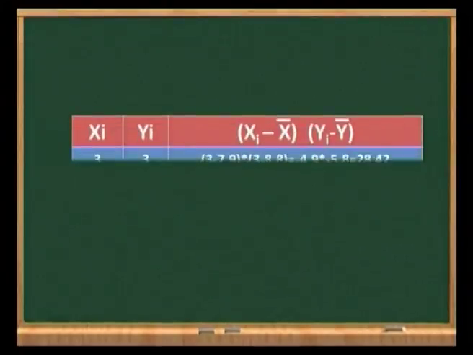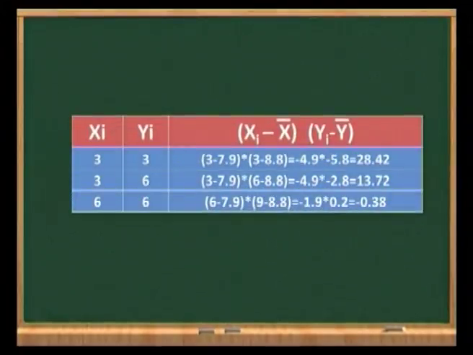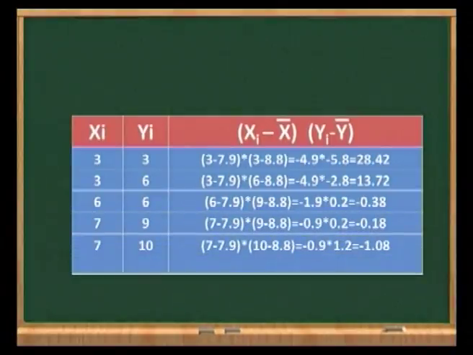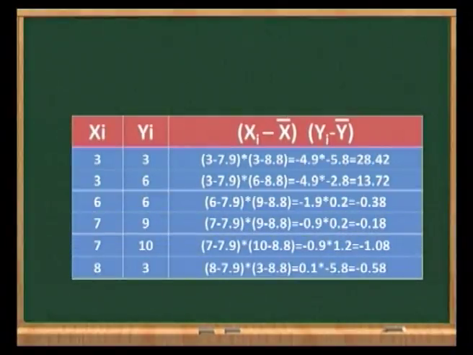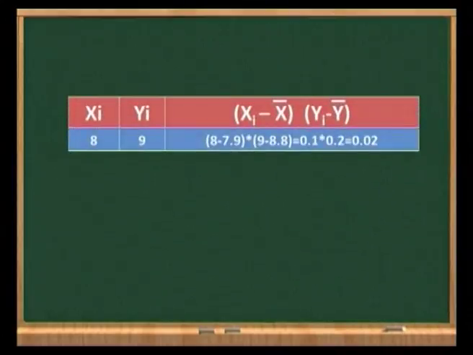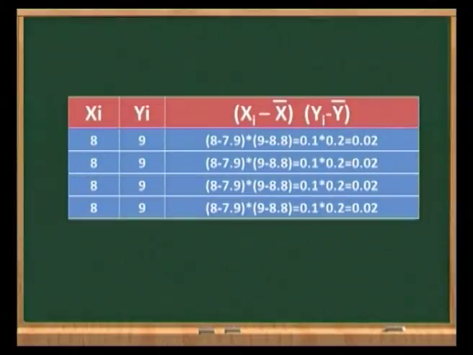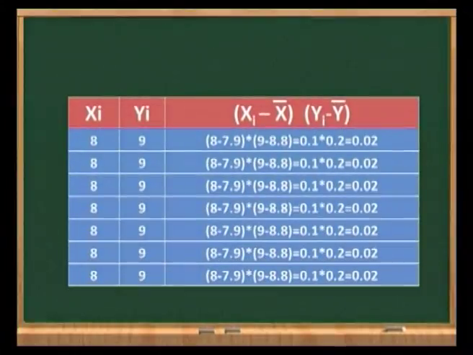Here is an example. Let us compute a correlation coefficient between the 1-minute Apgar scores, that is x, and the 5-minute Apgar scores, that is y. And here is a table showing some of the intermediate calculations. X scores are written, y scores are there.